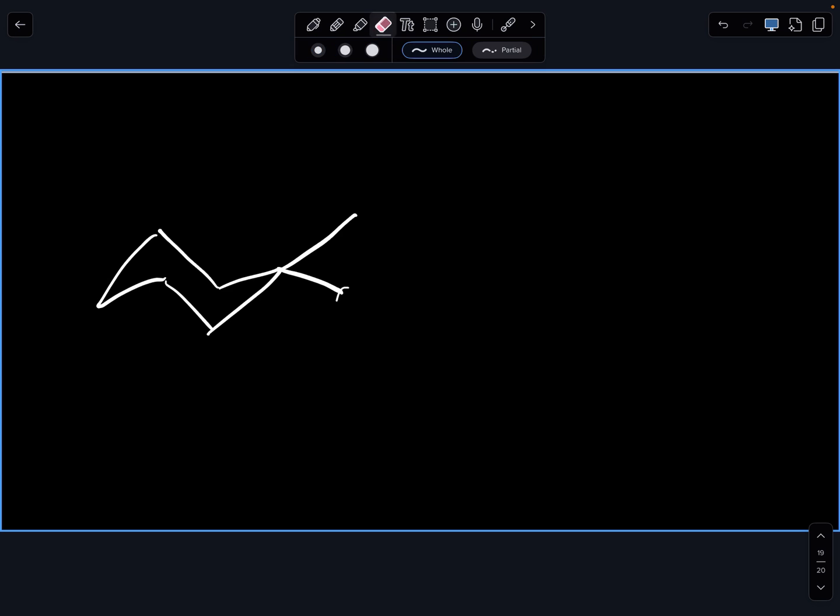So it'll look like this. And I don't know why. I don't know if it's because they don't know if it's axial or equatorial, so they put it in the middle and hope I give them the benefit of the doubt.